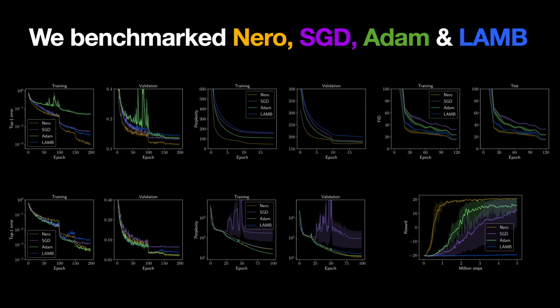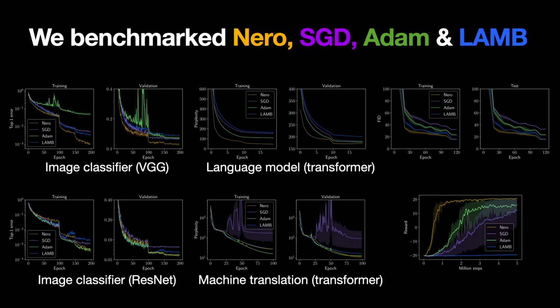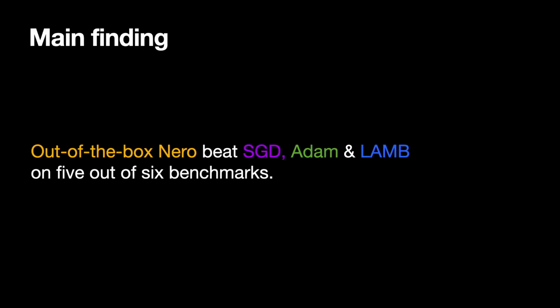We also benchmarked Nero against alternative optimizers across 6 tasks, including image classification, natural language processing, image generation with GANs, and reinforcement learning with PPO. And our main finding was that out of the box, Nero beat SGD, Adam, and LAMB on 5 out of 6 benchmarks.